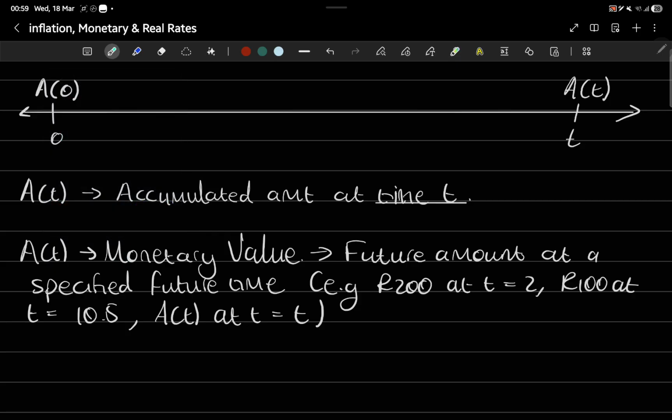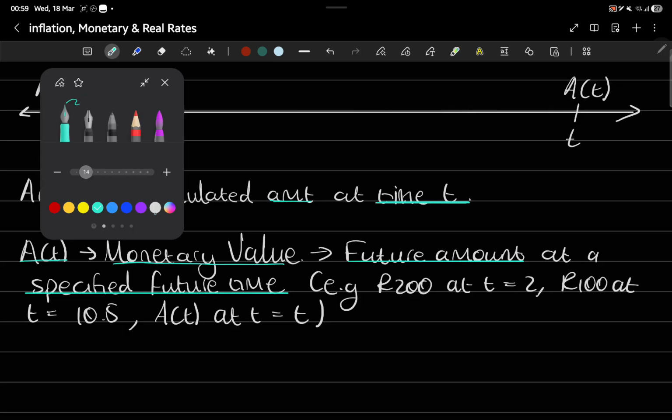So just to confirm, At is the accumulated amount at time t. We have a specified time here, t, which makes At a monetary value, because a monetary value is a future amount, but not only that, it's a future amount at a specified future time. So it's given in terms of a specified future time, for example, 200 at time 2, 100 at time 10.5, etc. This makes it a monetary value.